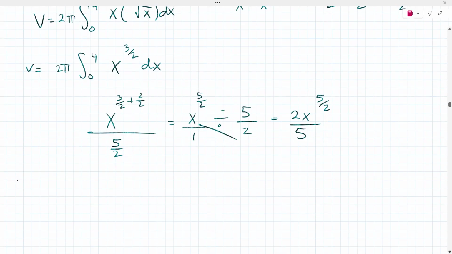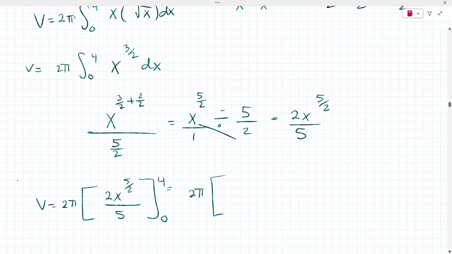The volume, and don't forget we still have that 2 pi, so it's 2 pi times 2x to the 5/2 over 5. And our lower boundary is 0 and our upper boundary is 4. So if you do that, that's going to be 2 pi, and then apply the upper minus the lower.